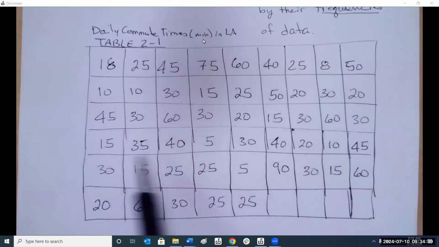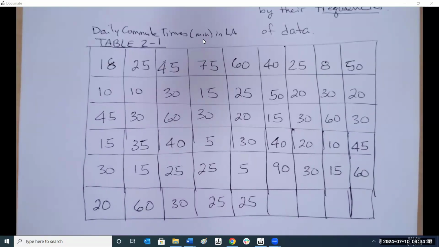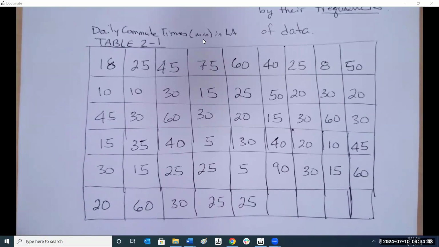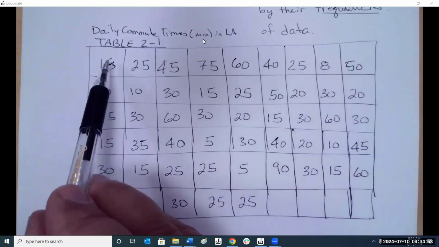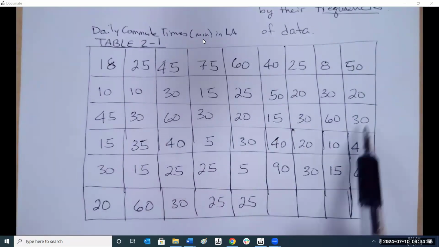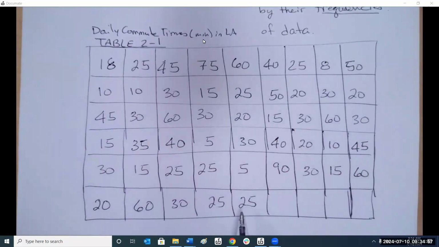So these are the people who recorded. How many of them are there? We have 1, 2, 3, 4, 5, 6, 7, 8, 9. 1, 2, 3, 4, 5. 9 times 5 is 45, plus 5 is 50.